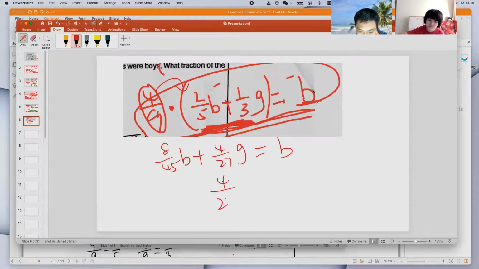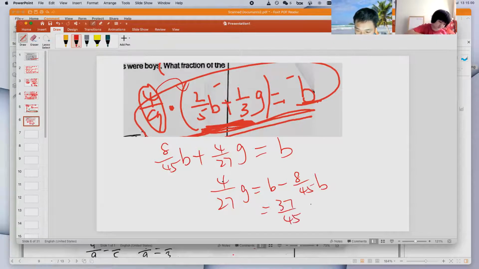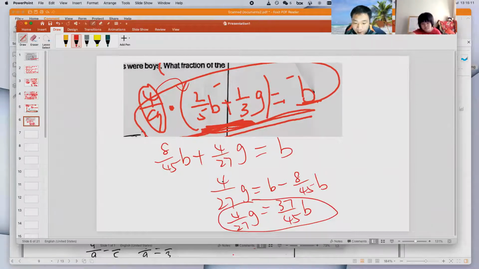So 4/27 G is equal to B minus 8/45 B, which is 45 minus 8, 37/45 B. Okay. So with this, I think you can form a ratio between B and girl already. Okay, let me continue from this one. Let me get this into the next page.